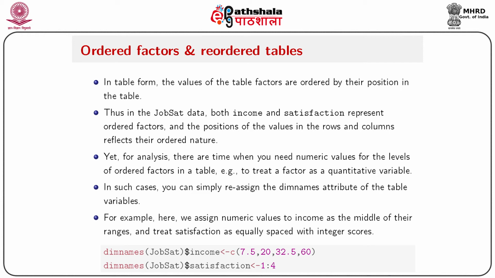For example, here we assign numeric values to income as the middle of their range, and to satisfaction as equally spaced integer scores. Say dimnames(jobsat)$income equals c(7.5, 20, 32.5, 40), and dimnames(jobsat)$satisfaction equals 1 to 4.